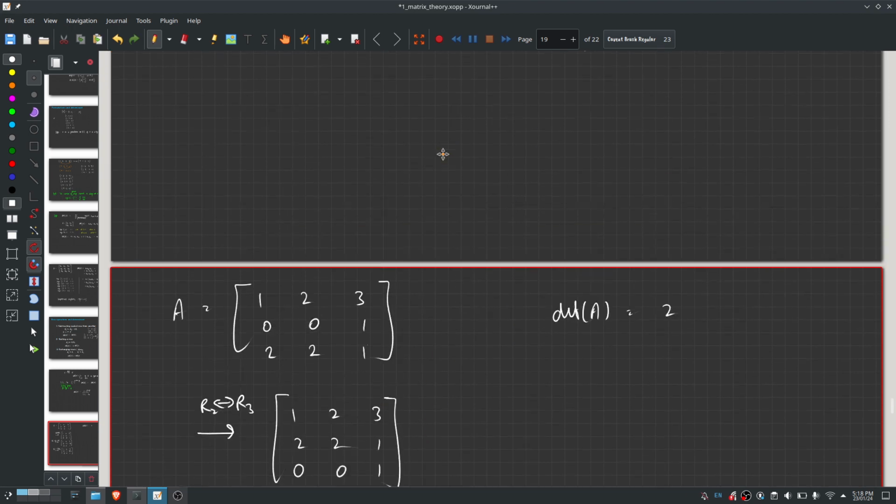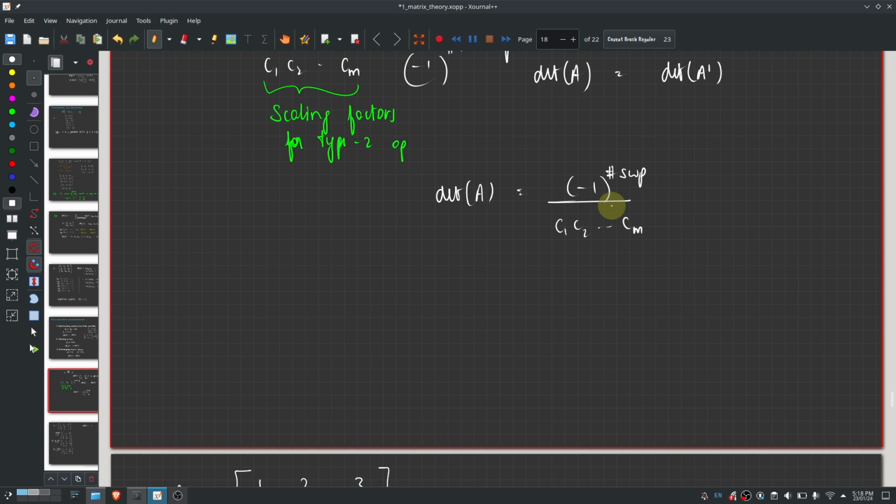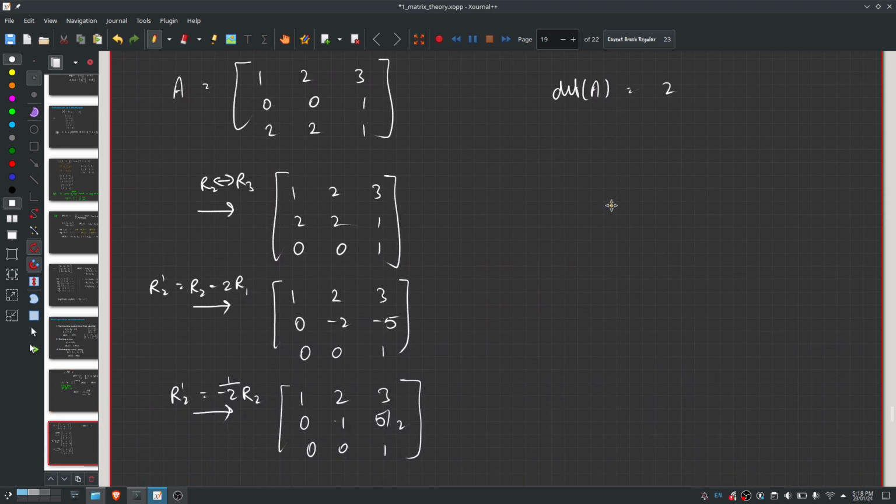let's use this new approach of computing the determinant. How many row swaps did I have to do? I had to do one row swap, right? So the determinant equals minus 1 raised to the 1 divided by all the scaling factors.